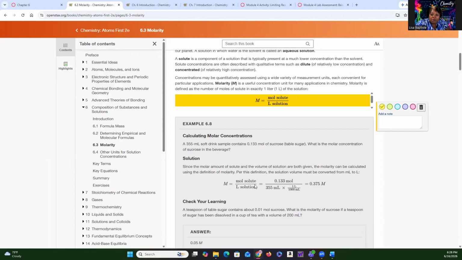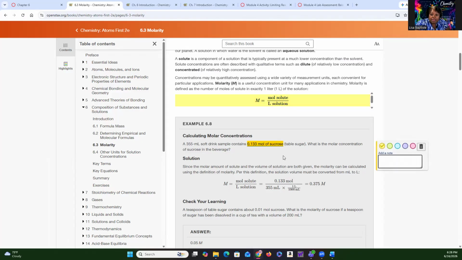And then what is the molar concentration of the sucrose? So remember, it's the moles of solute, which is given here. Moles of sucrose, that is our solute, okay? Solute is the substance that's being dissolved in the liquid, okay? And then we need liters of solution, but we're given milliliters, all right?